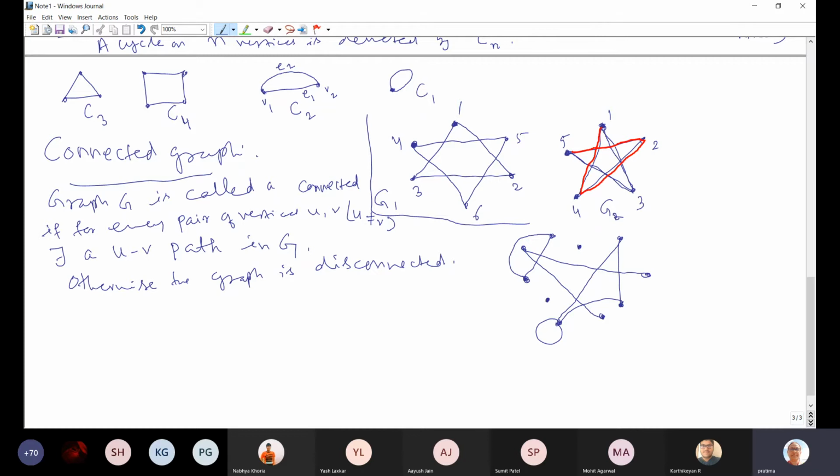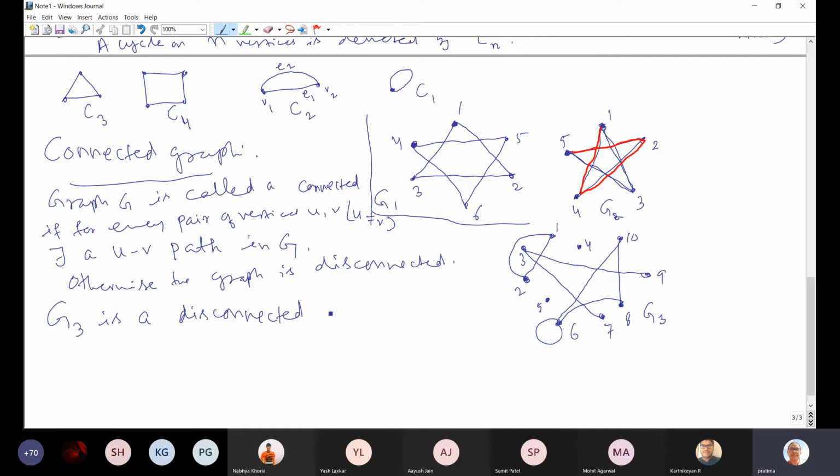Let us name this graph G3, and the vertices are 1, 2, 3, 4, 5, 6, 7, 8, 9, 10. So I have considered 10 vertices in this graph G3, and you can see that G3 is a disconnected graph.